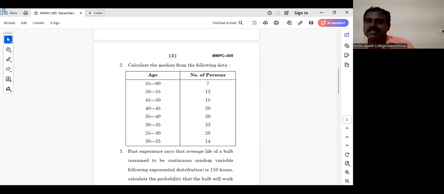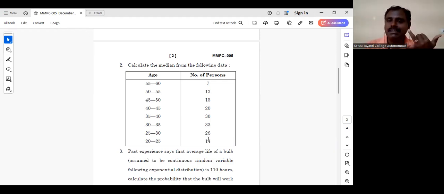Okay, this is a very simple problem: the calculation of the median. Since the data is given in descending order, first rearrange it into ascending order. Then calculate the less than cumulative frequency (LTCF). After that, find n by 2 and look for it in the LTCF column.